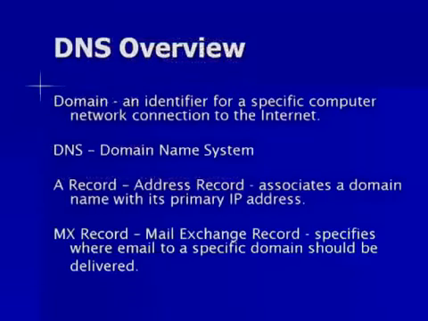MX records, or mail exchange records, specify where email to a domain should be directed. A single domain can have multiple email servers listed. Multiple email servers in the MX record can be listed with an order of preference, and therefore multiple options for email delivery for one domain may exist. A connecting email server will try each email server listed in a domain's MX record in order of their listed preference, starting with the lowest number first.